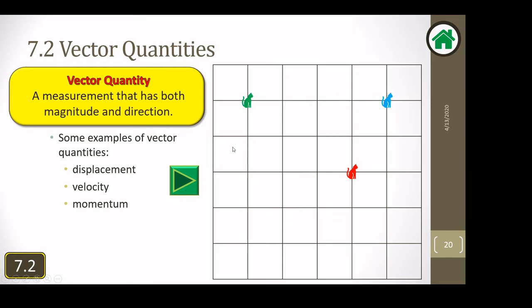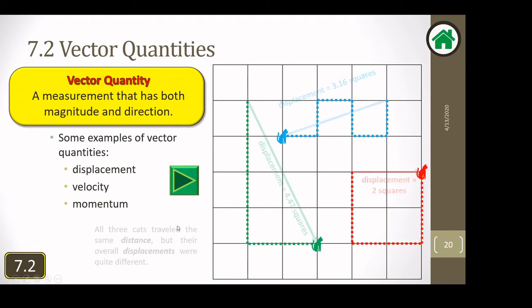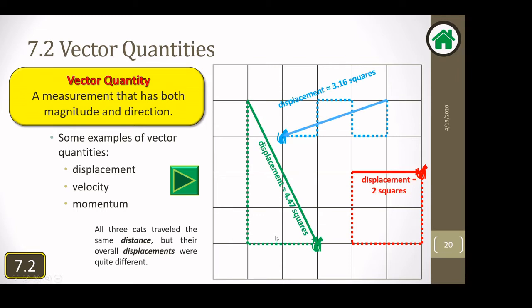I showed you yesterday this animation of three cats that were moving along this grid. We're going to look at this animation again, but this time we're going to pay attention to what direction they wind up in. So it's the same three cats doing the same three movements from yesterday, but this time I've added in some arrows to show the direction from where they started to where they ended up.